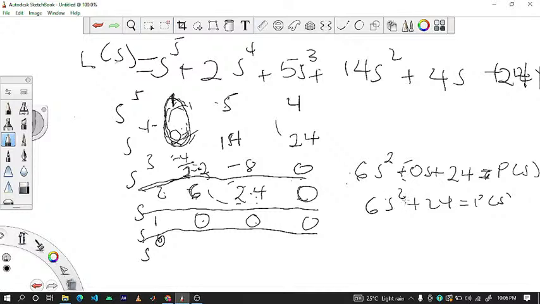To get an s to the power 1, you differentiate your characteristic equation. So you find dp of s, which will give you a 12s.